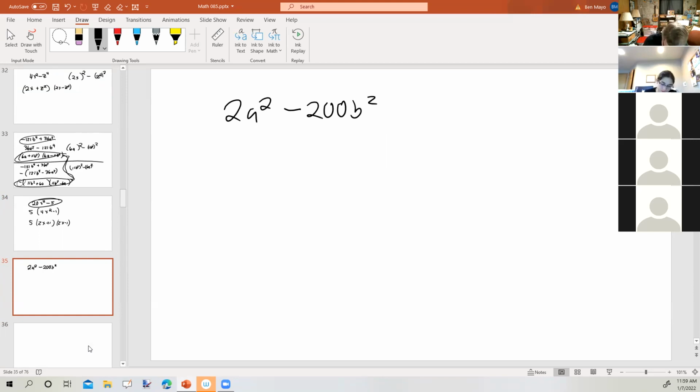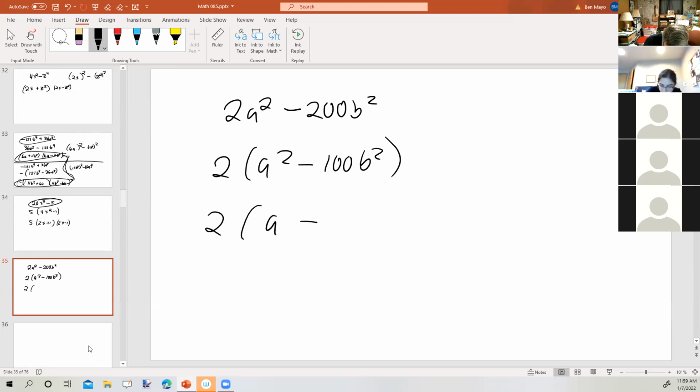Not yet, but after we take out the greatest common factor, then it is, okay? There's an order of doing things. Taking out the greatest common factor is near the top of that order.